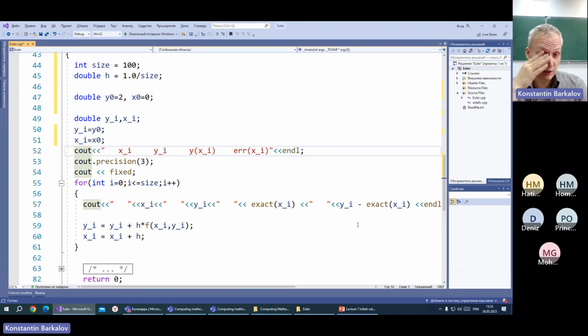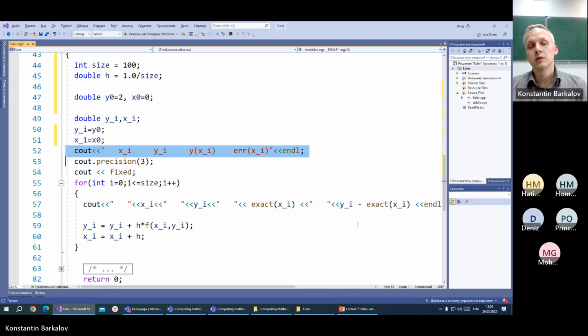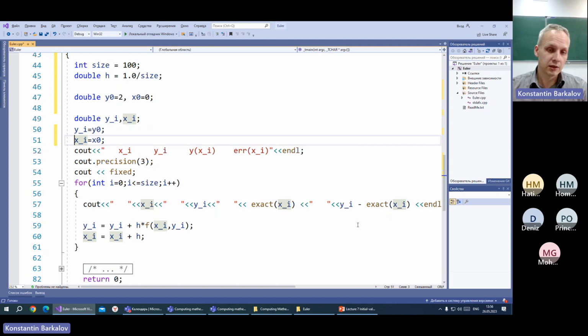And after that, it's just a message to the screen that we are going to print the values xi, yi at the point xi, and the error.